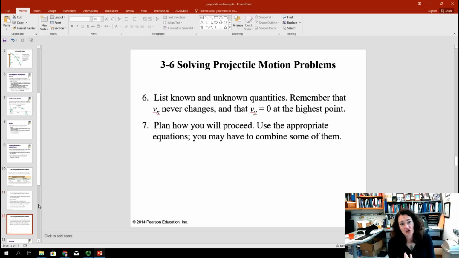Make sure that you list your known and your unknown quantities. Remember that your velocity in the x direction never changes. Make sure that you understand that if you're at the highest point in the trajectory, the y velocity is going to be 0. And then make a plan. Look at the equations that you've got, look at your knowns and unknowns, and plot a course for how you're going to get there. Sometimes you might have to do a couple of steps to get to your final answer.